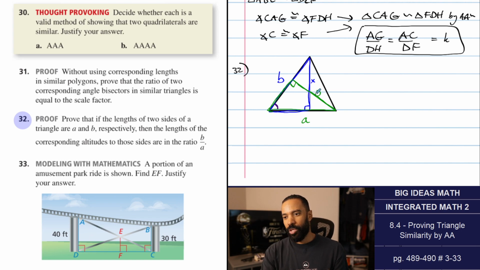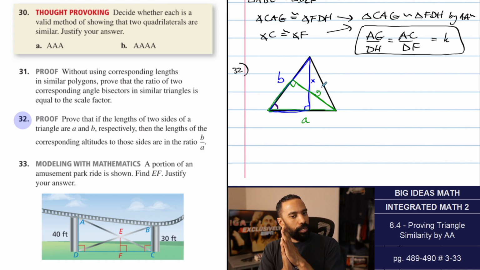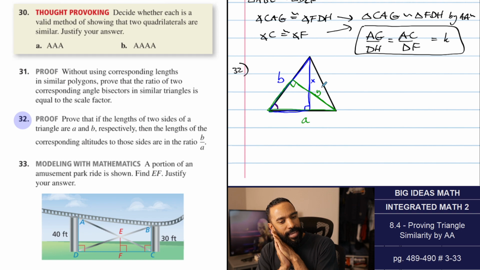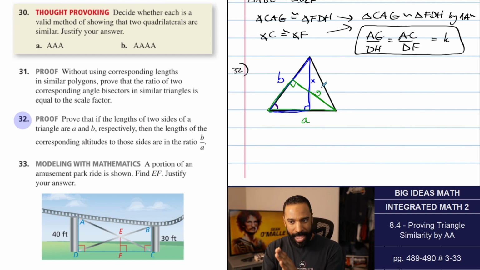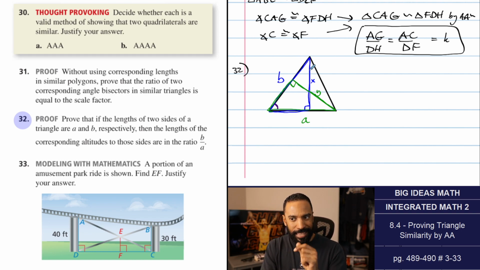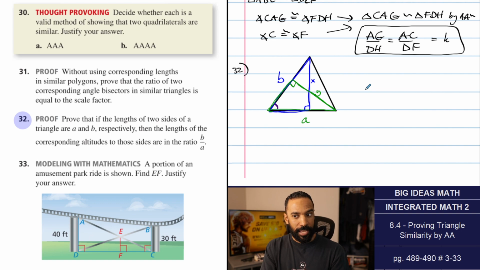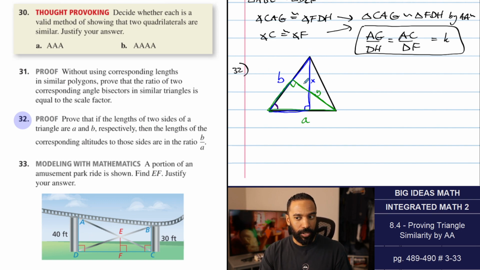Okay. What did they say here? If the lengths of two sides of a triangle are A and B, then this altitude to this altitude is B over A. That makes sense because X is in the blue triangle. So these two triangles are similar. Therefore, corresponding sides are proportional.